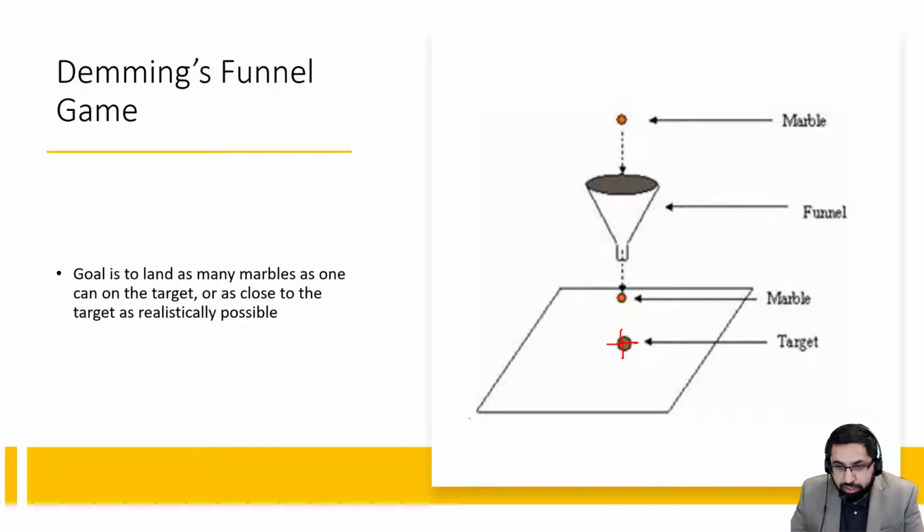You have a target to hit. Now, in those times when Deming was doing this, there used to be what was called carbon copy paper under the white paper, and then a hard surface underneath it. You probably don't know what carbon copy papers are. Even when I was young, they were very rare already, so I didn't really use them. But probably your parents or grandparents would know.